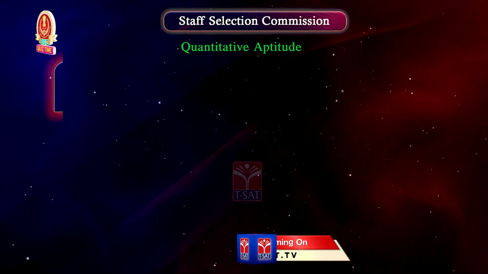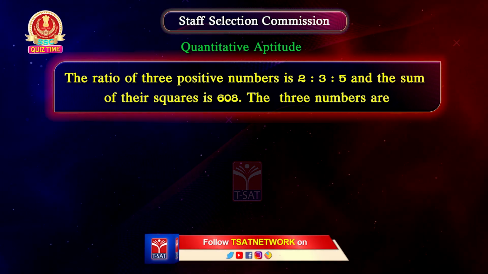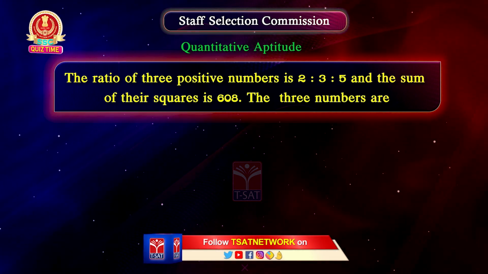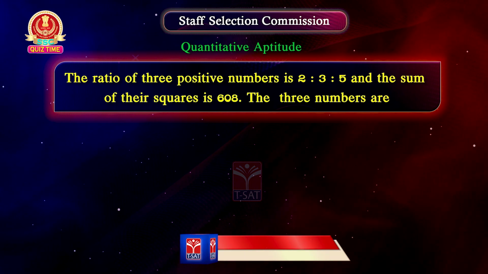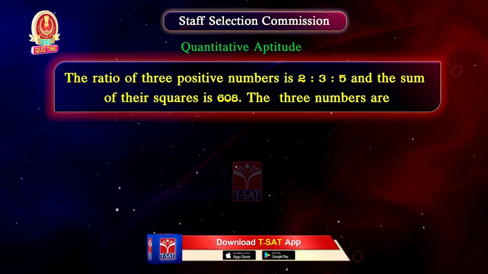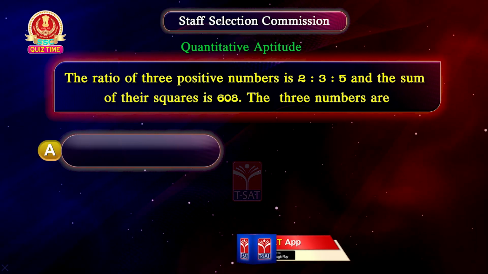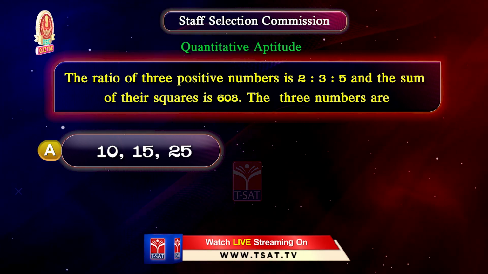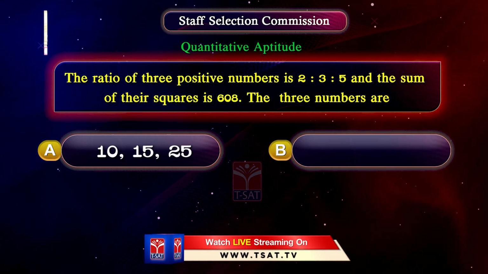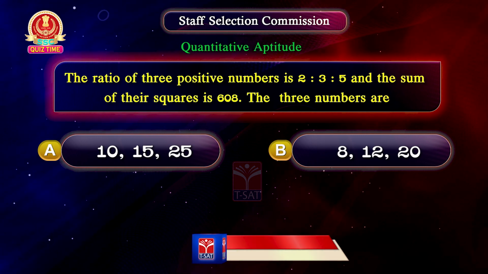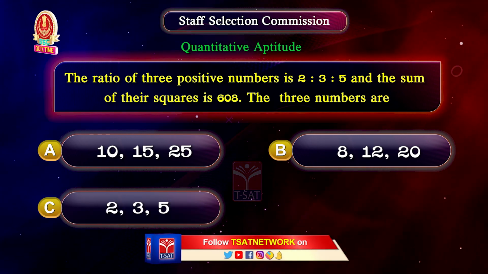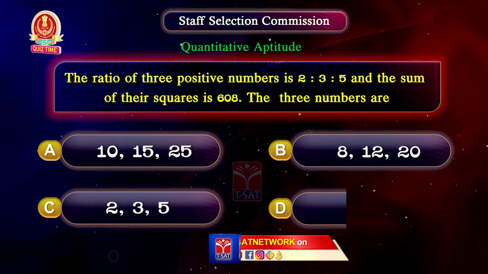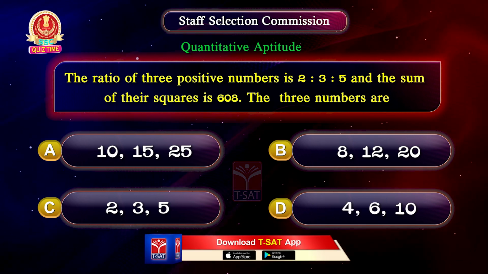Next question. The ratio of three positive numbers is 2:3:5 and the sum of their squares is 608. The three numbers are: option A, 10, 15 and 25; option B, 8, 12 and 20; option C, 2, 3 and 5; option D, 4, 6 and 10.